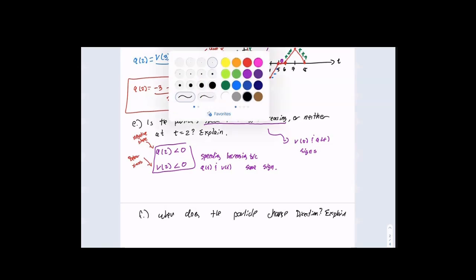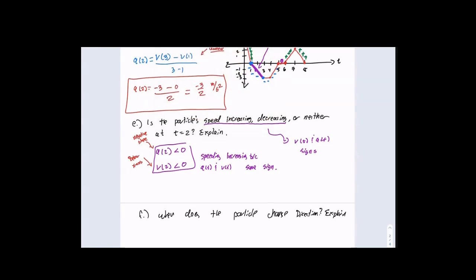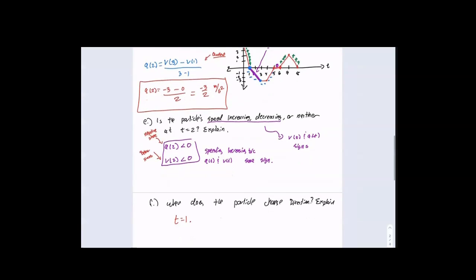The answer here is actually only one of those. It is only t equals 1. Why does the particle change direction at t equals 1? Because v of t's sign changes. So the answer is only t equals 1 because that's where the velocity changes.